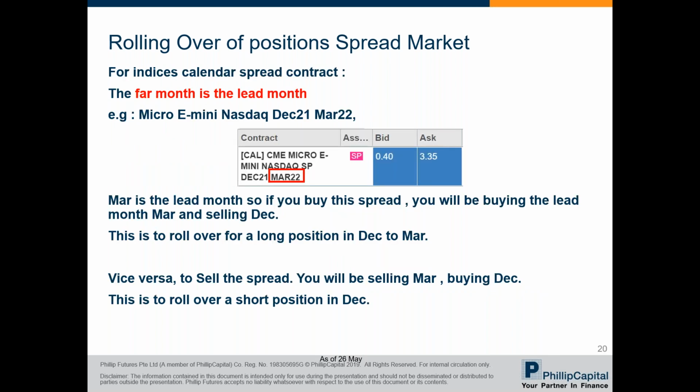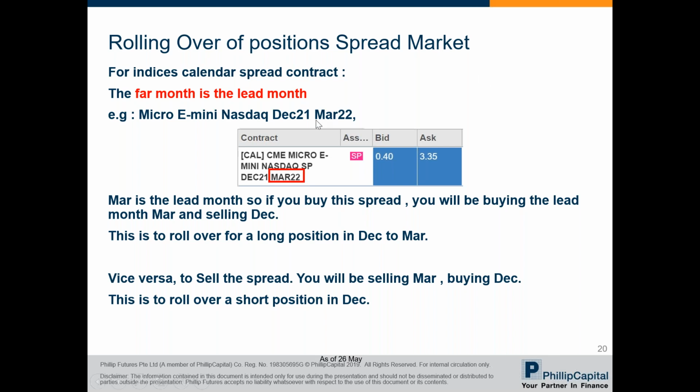So how do you determine whether to buy or sell the calendar based on your position? Let's look at the E-mini NASDAQ now. Pulling out the calendar spread for December and March for E-mini NASDAQ. The far month, which is a further away month, is the lead month.